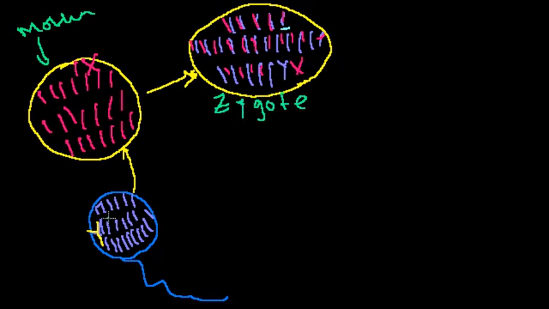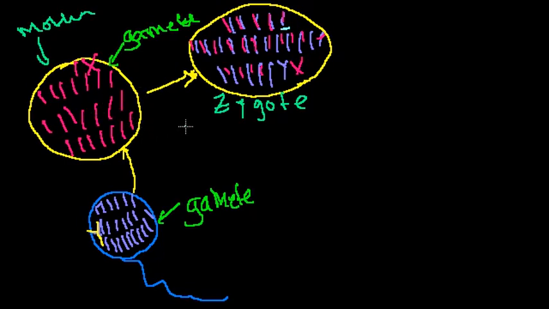And it's a product of fertilization between two gametes. So that's a gamete, and this is a gamete. So you can view both a sperm cell or an egg cell. They're both examples of gametes.